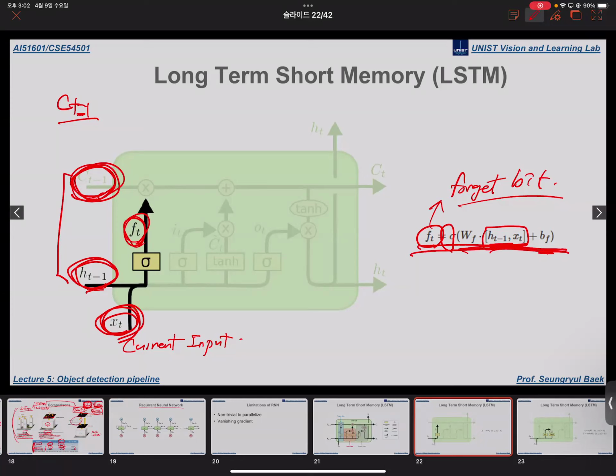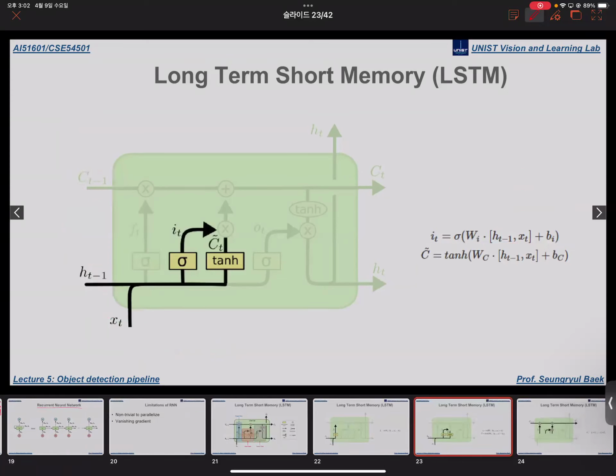This forget bit controls how much information we will lose from the previous layer's cell state. And also we will infer some I bit, which is the information bit.